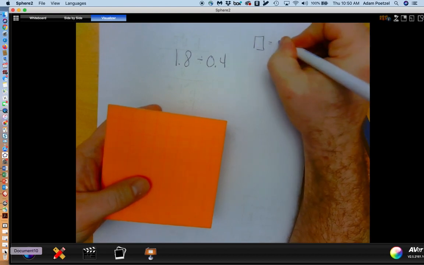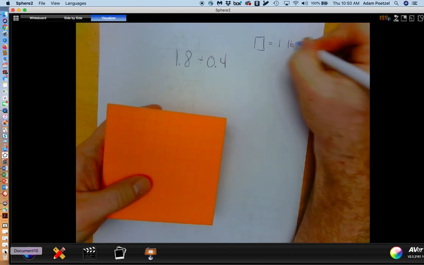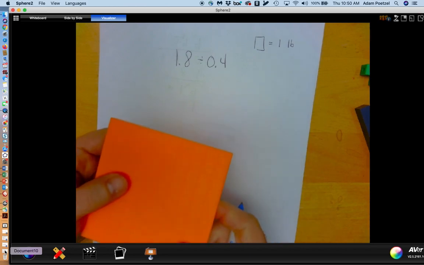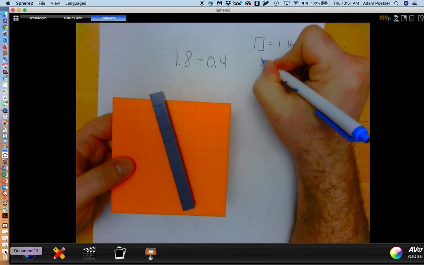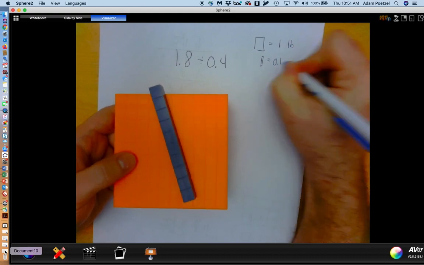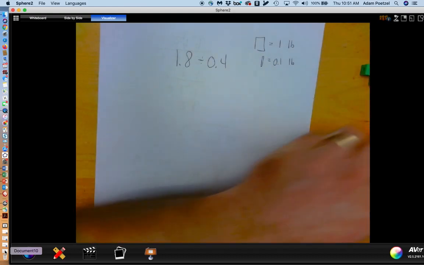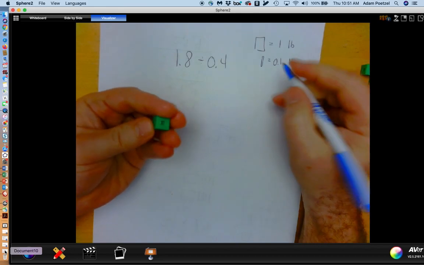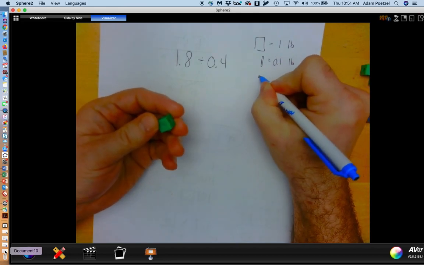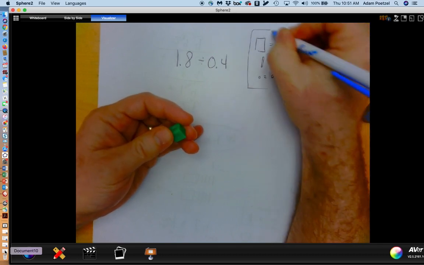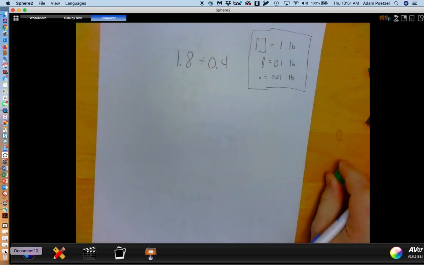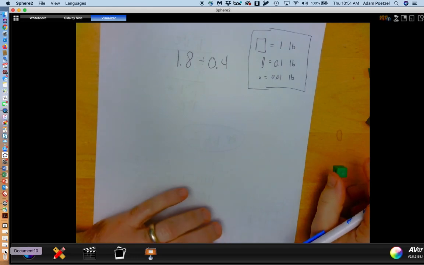Well, that whole could be 1 pound of flour, right? And then what would this piece be? That piece would be 1/10 of that, so 1/10 of a pound. And if I end up needing it, I don't think I will, but one of the small cubes would actually be 1/100th of a pound of flour. So here we have a key, which is good to think about and define clearly when using any manipulative.